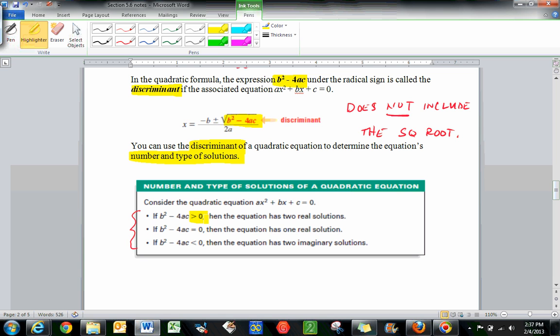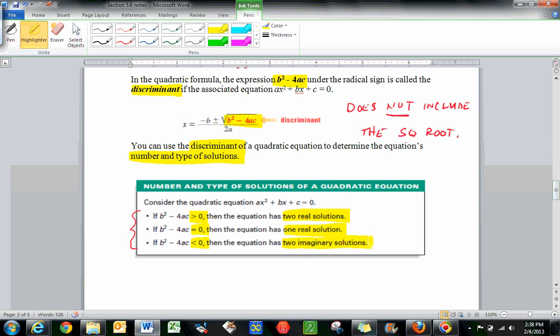If the discriminant value is greater than 0, then we're talking about two real solutions. If it's equal to 0 exactly, it's one real solution, which means that it's a perfect square trinomial. And if it's less than 0, so if we have a negative value in the discriminant, we recognize that a negative value underneath the square root is going to provide us with two imaginary solutions.